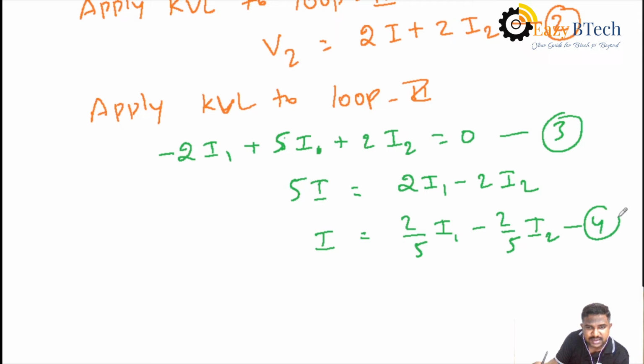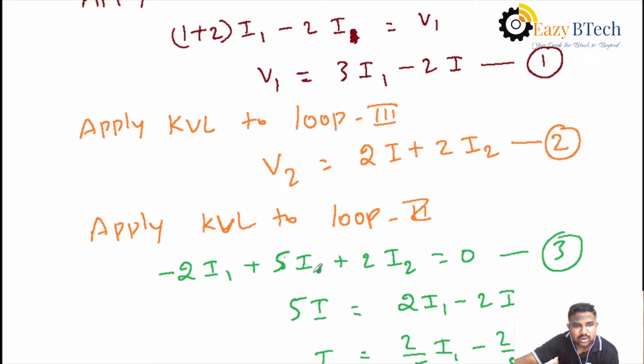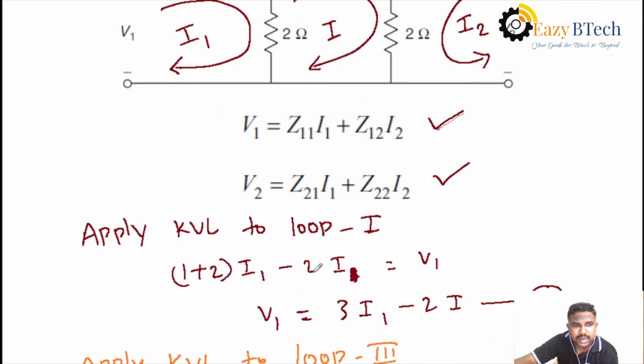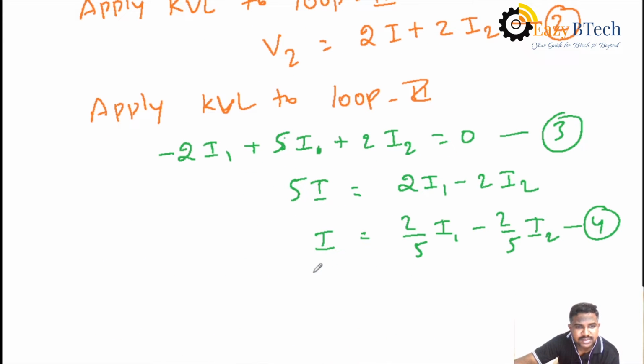This is taken as equation 4. Then you have to replace the value of I in equation 1 and the value of I in equation 2. Then both equations V1 and V2 could be changed to in terms of I1 and I2. Then compare with standard equations, then find out the coefficients of I1 and I2.